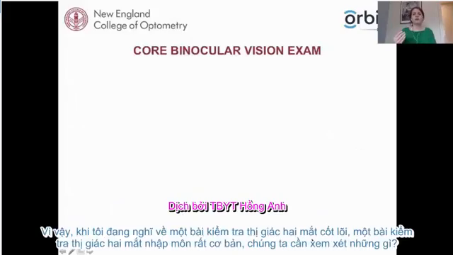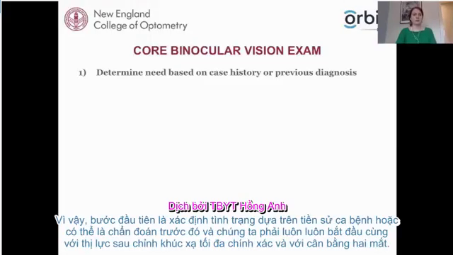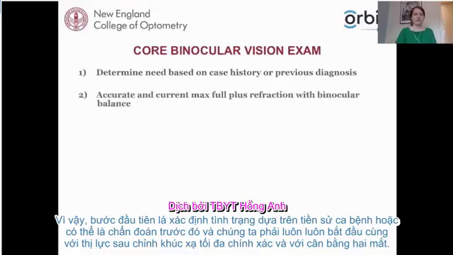So when I'm thinking about a core binocular vision exam, a very basic introductory binocular vision exam, what do we need to be looking at? So the very first step is to determine the need based on case history or possibly a previous diagnosis. We must always, always, always start out with an accurate and current max plus full refraction with binocular balance.